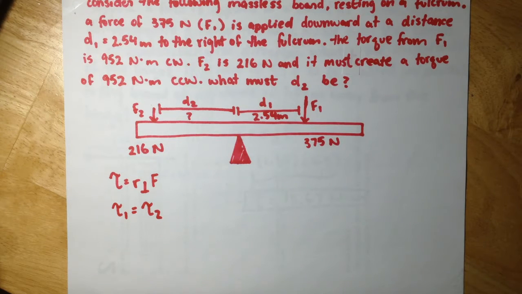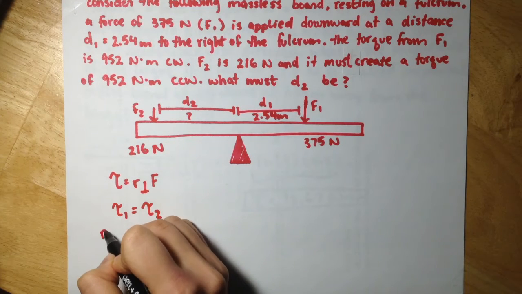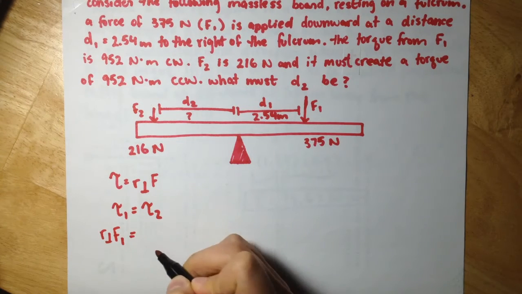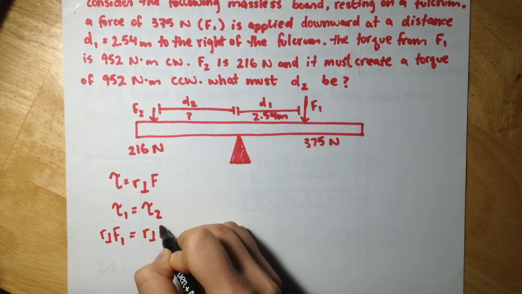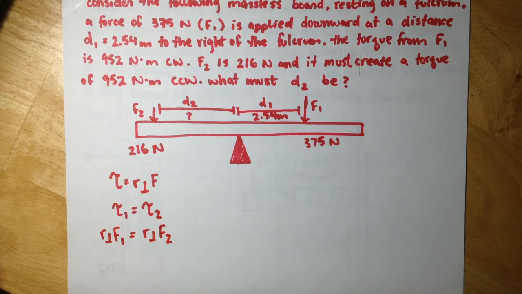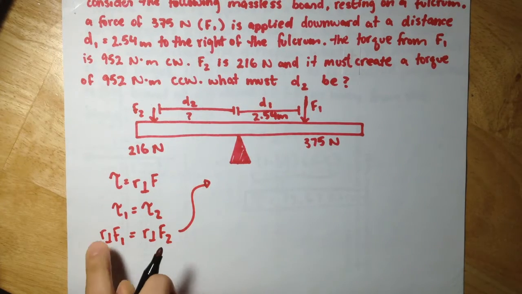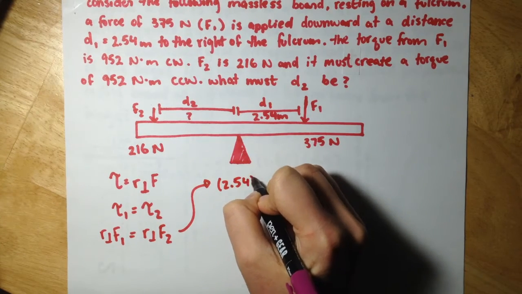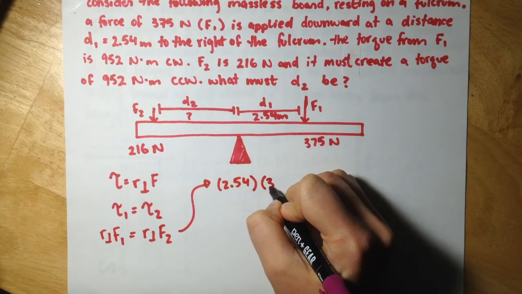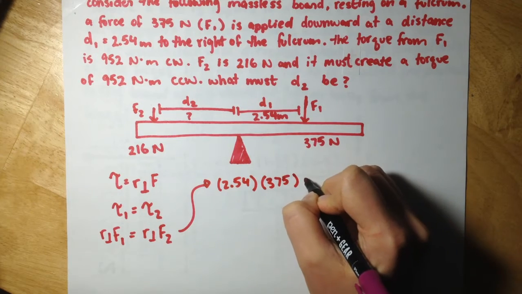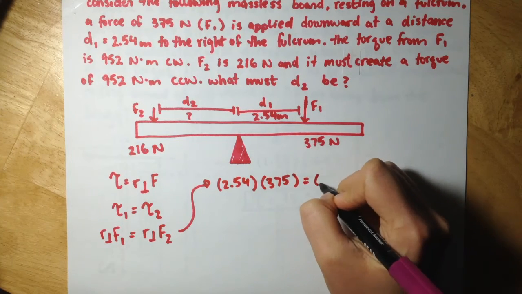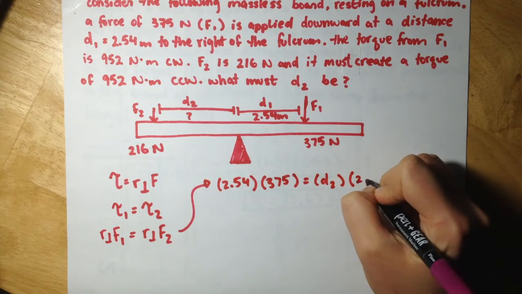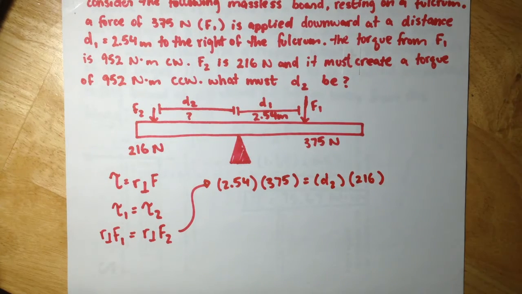So torque 1 is R perpendicular times F1, torque 2 is R perpendicular times F2. So distance 1 is 2.54 and force 1 is 375 newtons. And this must equal distance 2, which we do not know yet, times force 2, which is 216 newtons.